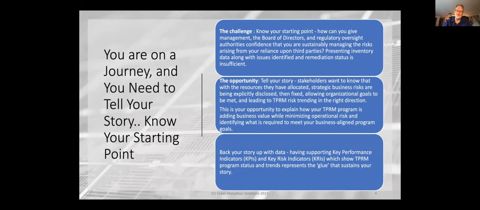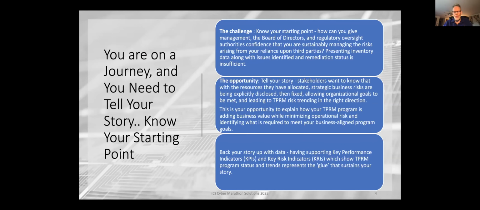So when you report to your management, when you report to potentially the board of directors and helping them to understand why they should fund a third-party risk management program, the best way to do that is to tell the story. Here's where we started from. This is where we want to get to, and this is what it's going to take to do that.